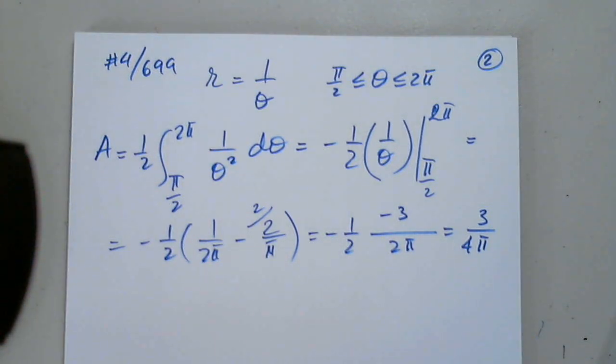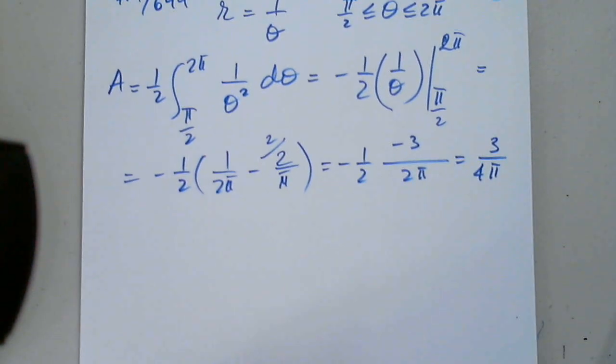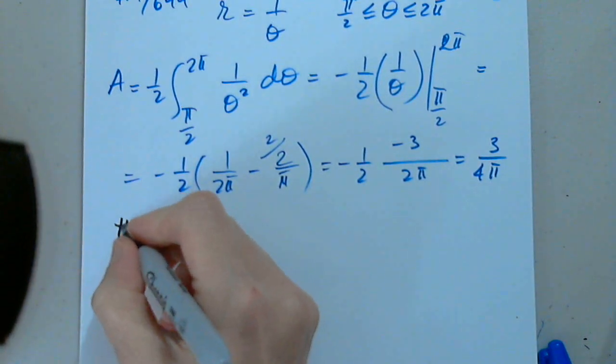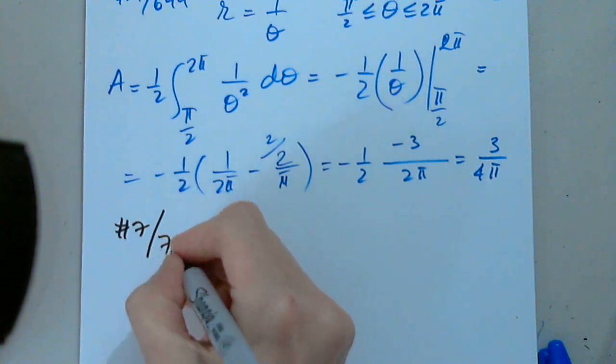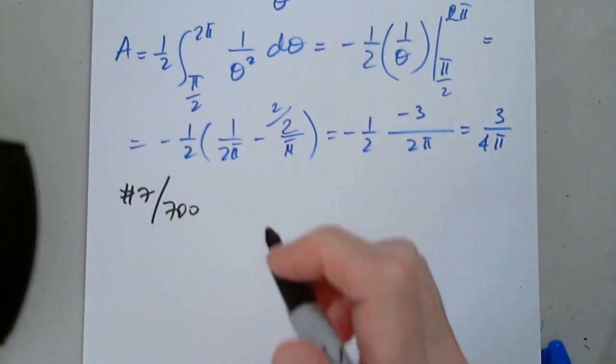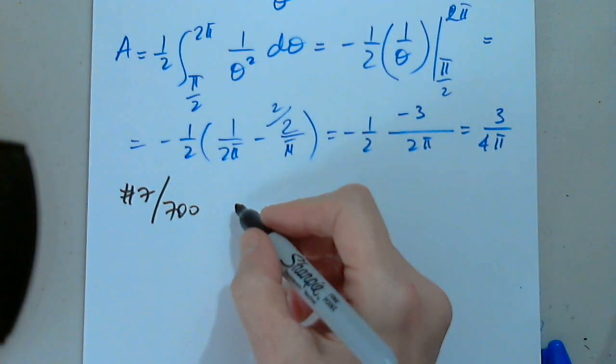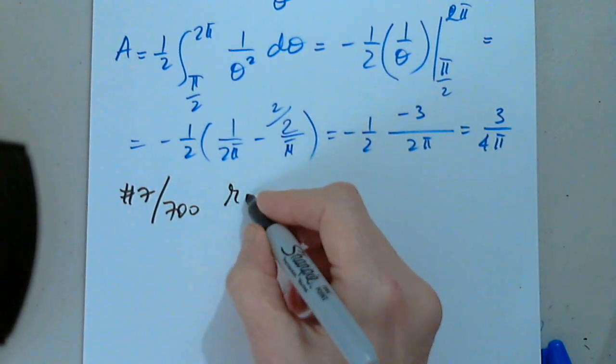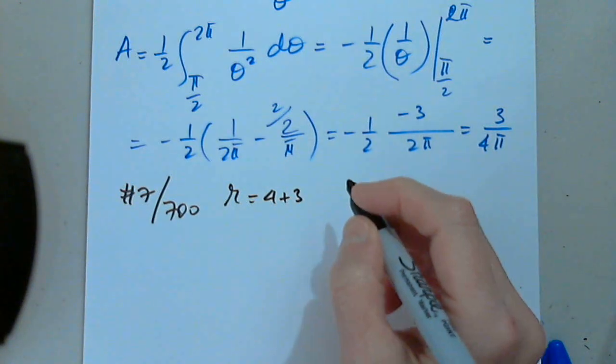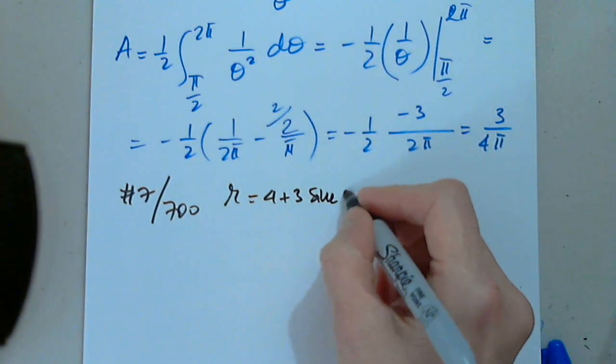Let's see what else we should look at. What they recommended. Oh, yes. They recommended problem 7. So let's take a look. Here's problem 7 on page 700. And this time the polar equation is given to us, of course: 4 plus 3 sine theta.